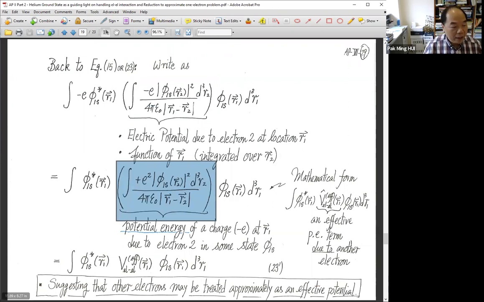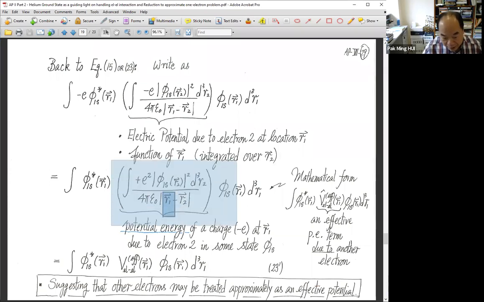Now let us focus on this particular line. It is very suggestive, or it is implying something very important. Now, first of all, this is a function of R1.